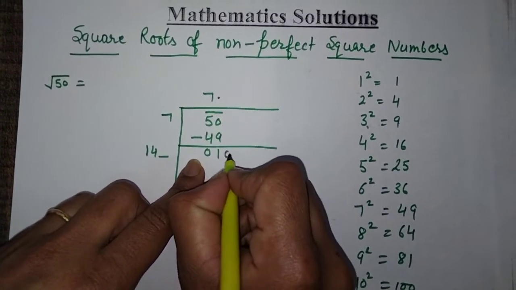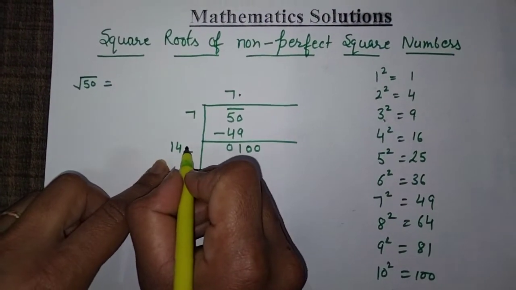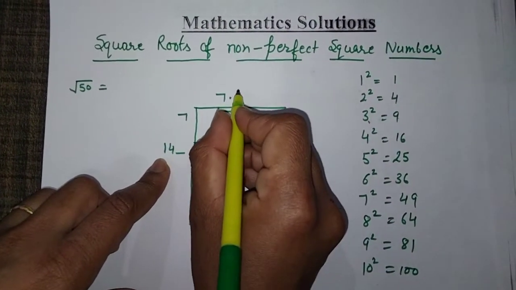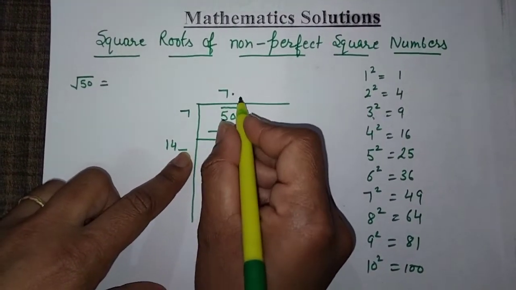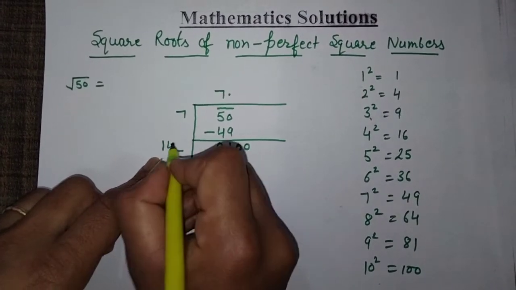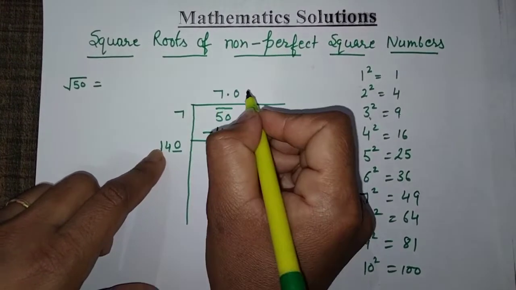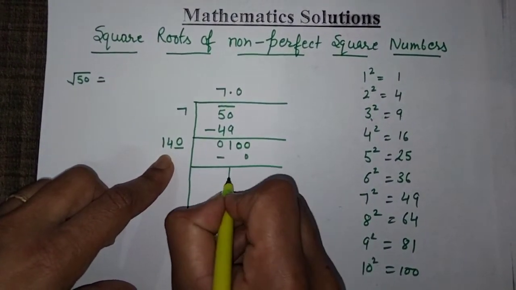So we will write 00 here. Now if I write 1 here, and also 1 here, and multiply 141 with 1, then the number will be greater than 100. So I will write 0 here. 140 times 0. Now subtract.